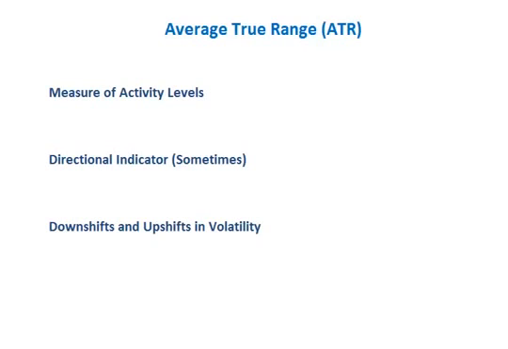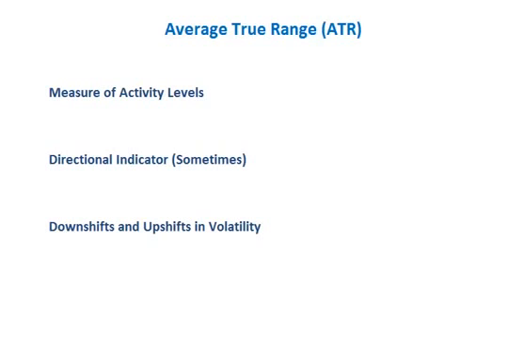Two, it sometimes has a gauge of directionality to it, just like implied volatility. Remember, when we look at the VIX indicator versus the S&P 500, those two have a fantastic negative correlation, meaning when the volatility index picks up, the S&P 500 most oftentimes drops. So that's a useful aspect to this indicator as well.